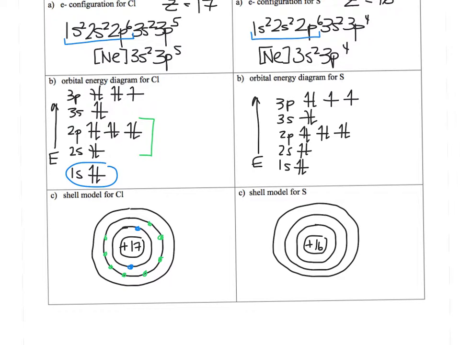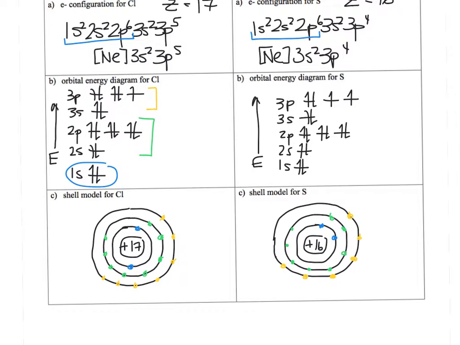This is the second shell. And then there are going to be 7 electrons, 1, 2, 3, 4, 5, 6, 7 in the third shell. Sulfur is going to be similar, only it's going to have one fewer electron. And that's what it looks like.